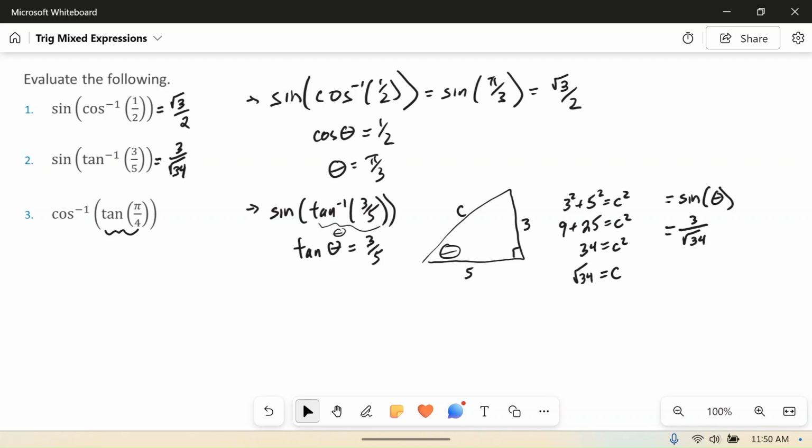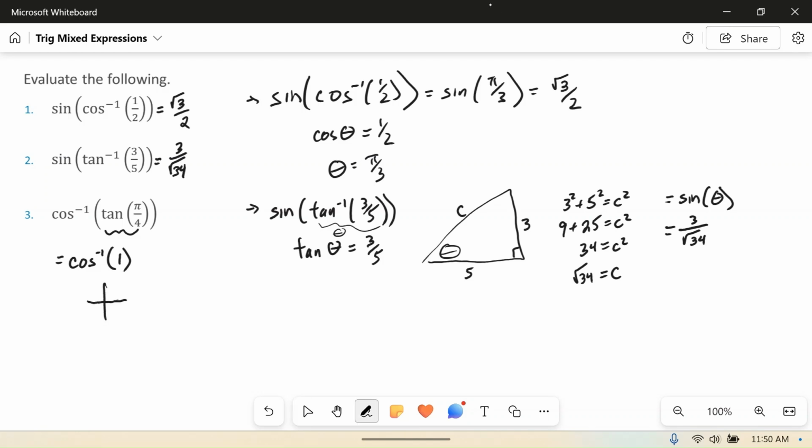Tangent of pi over 4 is a nice unit circle angle, and we know that tangent at pi over 4 is equal to 1. So we can simplify our expression: the inverse cosine of tangent of pi over 4 is equal to just the inverse cosine of 1.